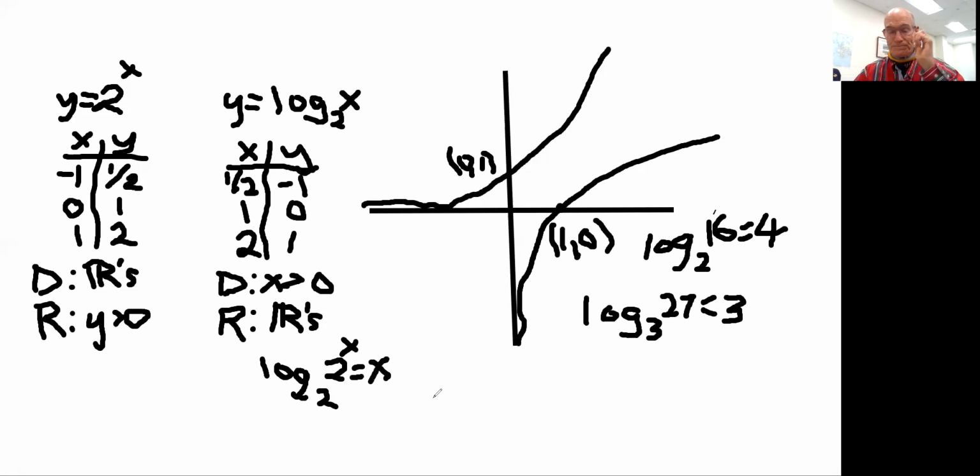If I have log base 2 of 1, then the answer there is 0, because anything to the 0 power is 1. Okay, so those are some standard relationships that exist in logarithms.